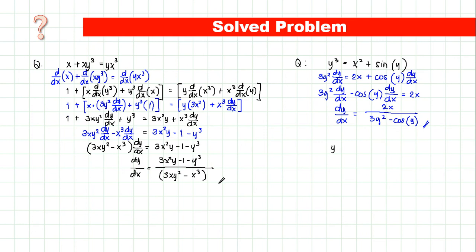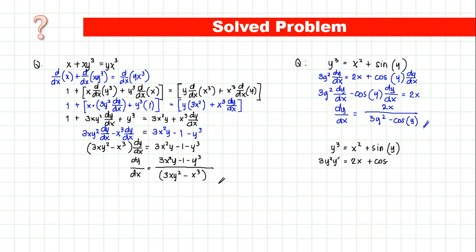Paano yung y prime approach? So, meron tayong y cube is equal to x squared plus sine of y, di ba? So, pagka y prime, ganun pa rin naman. So, kunin natin yung implicit differentiation. We have 3y squared y prime is equal to 2x. So, walang y prime yan dahil x naman yan.